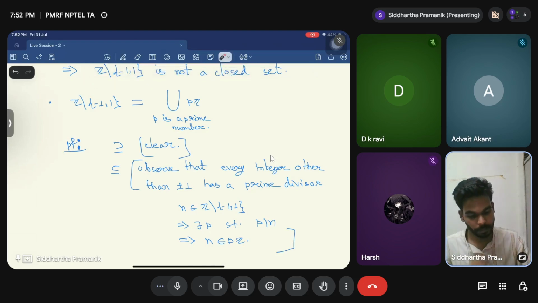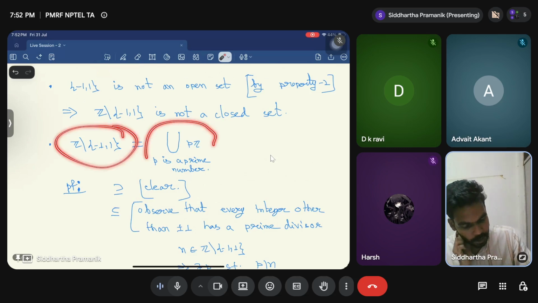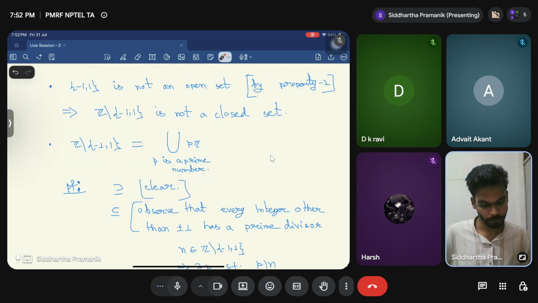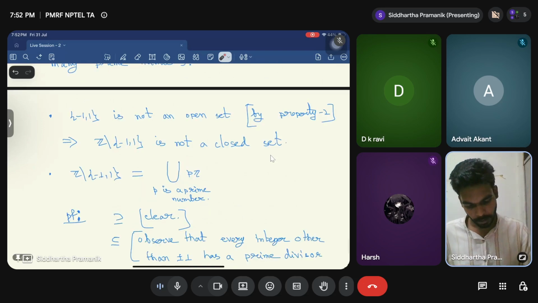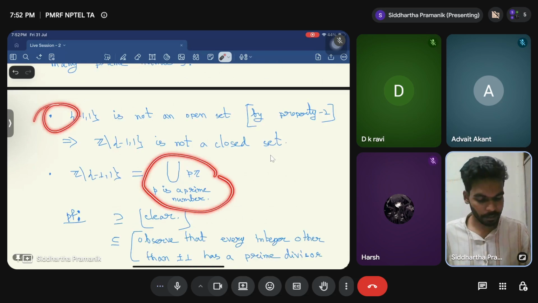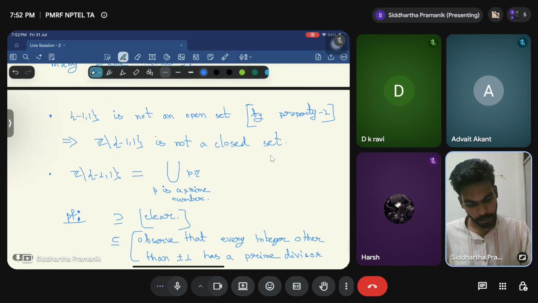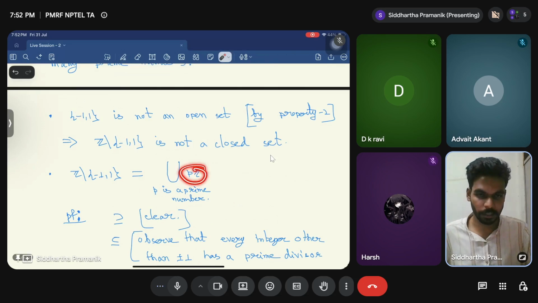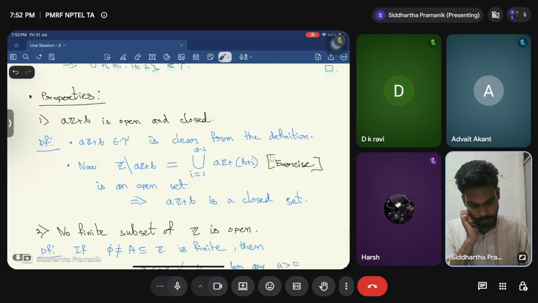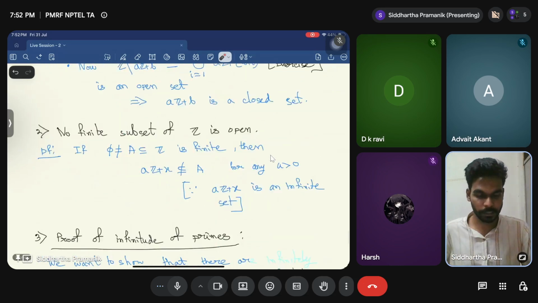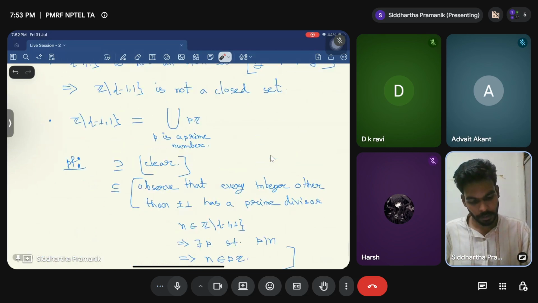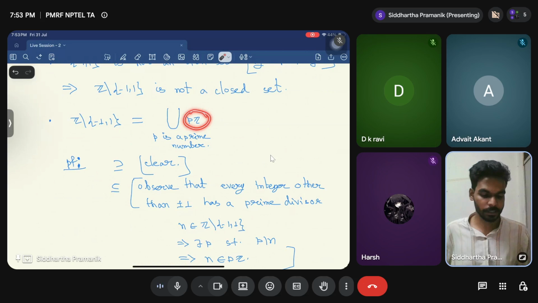So this set is exactly the union of these pZ. And by our first observation, this set is not a closed set. But what we know is that this pZ is a closed set, by the first property. These Az plus B are closed sets. So pZ's are closed sets.